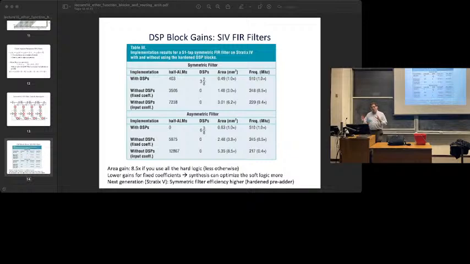We never quite get that when we harden things, because we have to put some configurability back in, and nothing ever maps perfectly. But you can still get a lot, right? We're getting 6x, 8x area gains in a lot of cases, and that's pretty good.